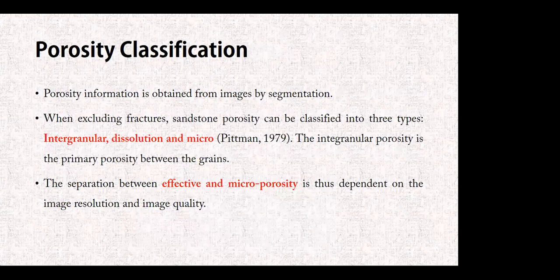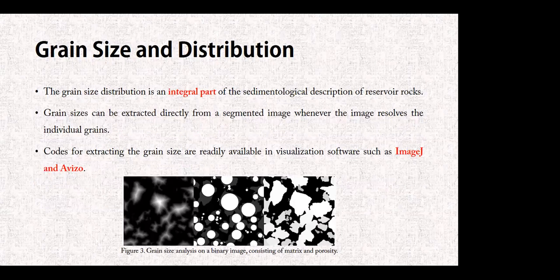After we analyze porosity, then we analyze grain size distribution. The grain size distribution is an integral part of the sedimentological description of reservoir rock. Grain size can be extracted directly from a segmented image whenever the image resolves the individual grains. Codes for extracting the grain size are readily available in visualization software such as ImageJ and Avizo.